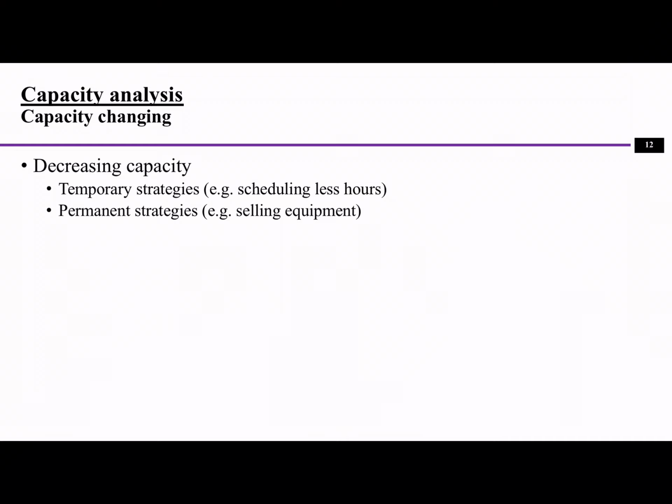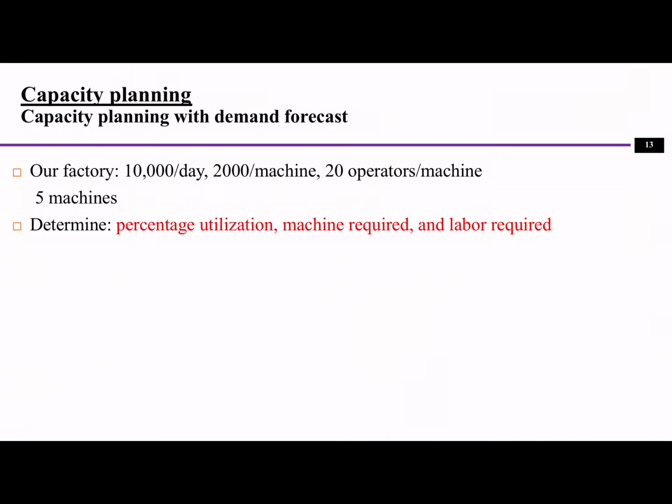Another way is we can also outsource or lend our equipment or our space to some other factories or companies. So these are different ways we can work on if we experience a decrease of capacity.